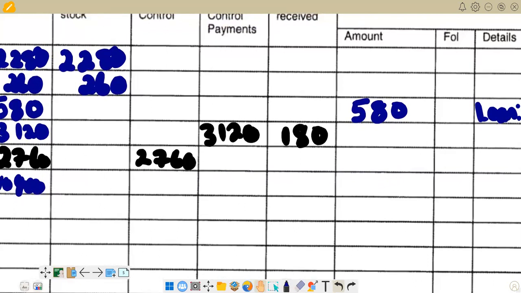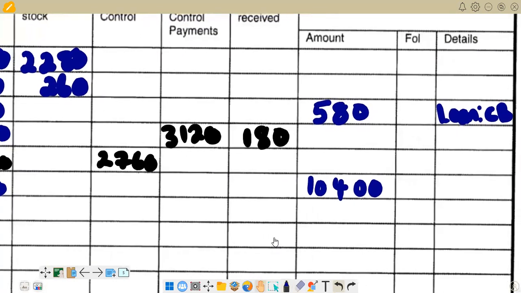So we're going to come here and put the amount, 10,400, here. And then we can write the details under details. These are drawings, so you just have to write drawings here. So that's what we have there.